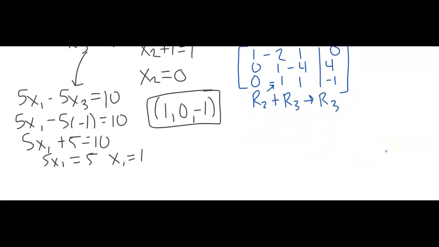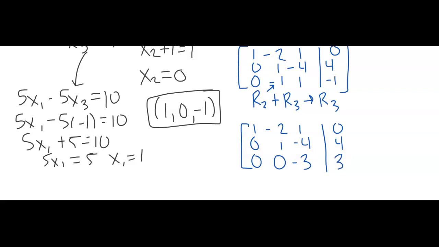So let's look at that. 0 plus 0, that gives me 0. 0 plus -1 gives me 0. -4 plus 1 gives me -3. And 4 plus -1 gives me 3.